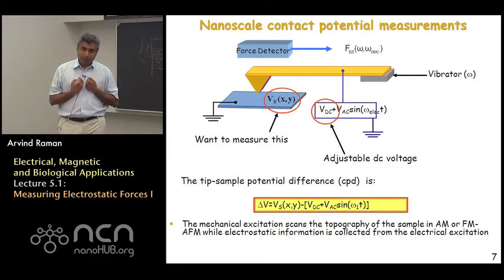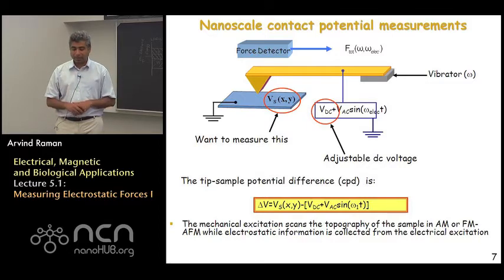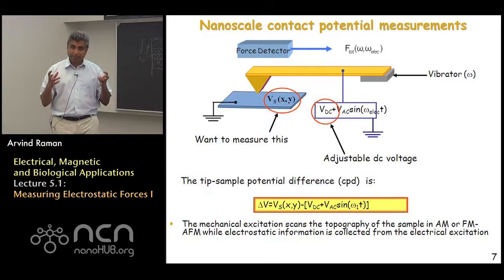So what we want to do is to measure this effective voltage at every point in the sample, X and Y. The way to do it using dynamic AFM or Kelvin probe techniques is to apply two kinds of excitation. One is a mechanical excitation, one is an electrical excitation.